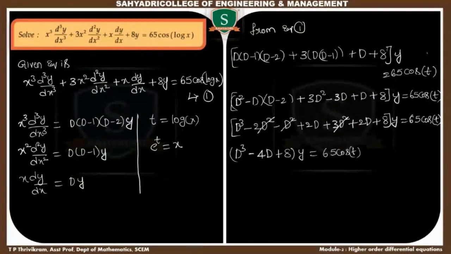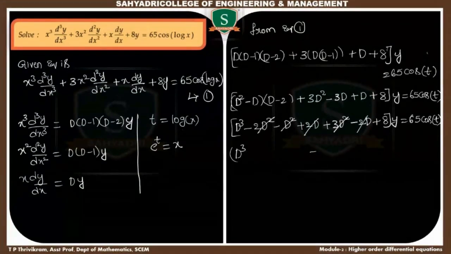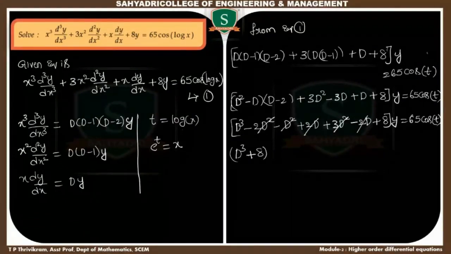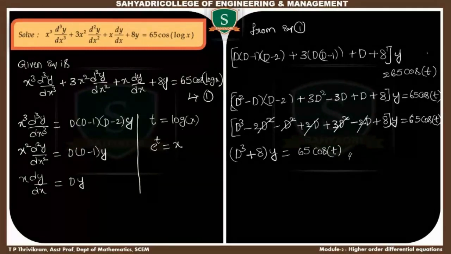Oh, sorry, it is minus 2d, correct. So this 2d also gets cancelled. So how much will remain? D cube plus 8 into y is equal to 65 cos t.